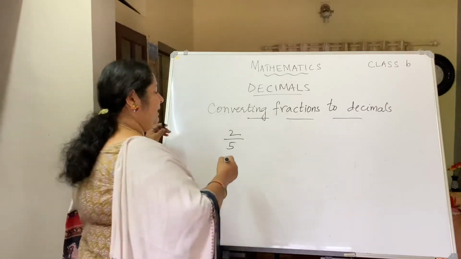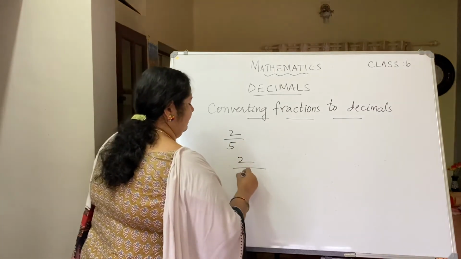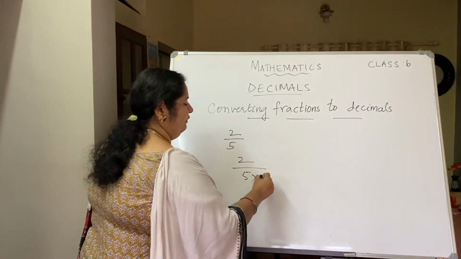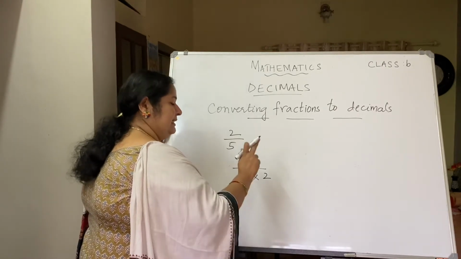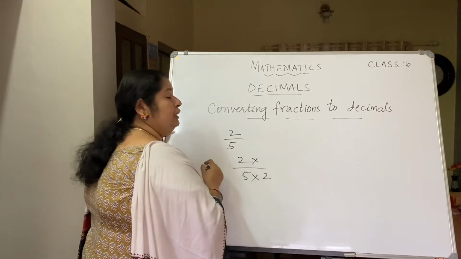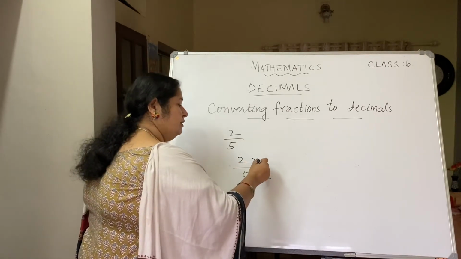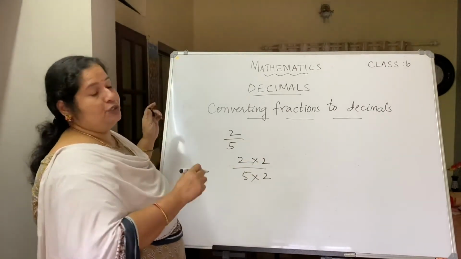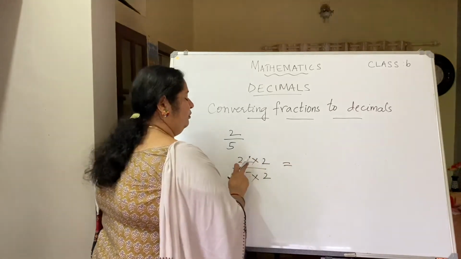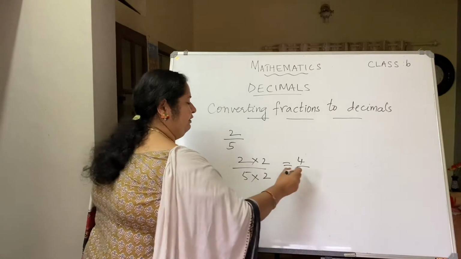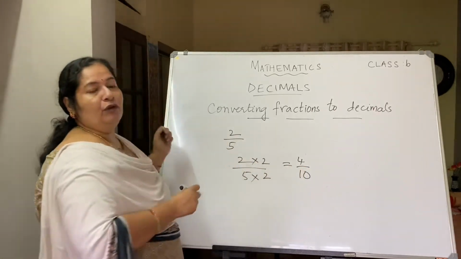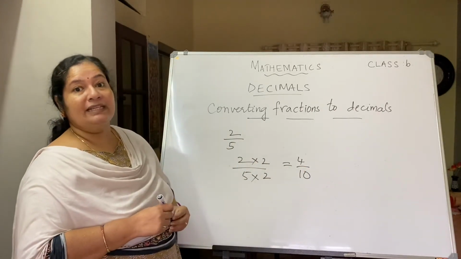So you multiply the denominator 5 with 2 so that the denominator becomes 10. The same thing you have to do for the numerator also. So the numerator should also be multiplied with 2. Now what is the numerator? 2 into 2 is 4, and the denominator is 5 into 2, 10. So now you got a fraction with denominator 10.